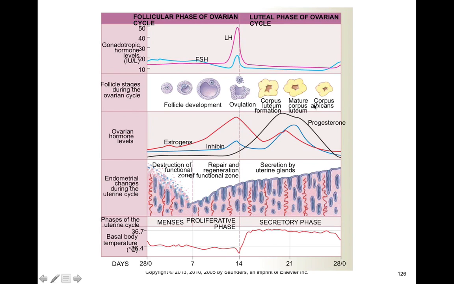However, if fertilization doesn't occur in that 2-week period, this corpus luteum then will degrade into corpus albicans. And once corpus luteum degrades into corpus albicans, progesterone levels fall dramatically because then it stops releasing progesterone. Estrogen levels also fall very dramatically, and due to a decrease in progesterone and estrogen levels, we see the shedding of the endometrium.